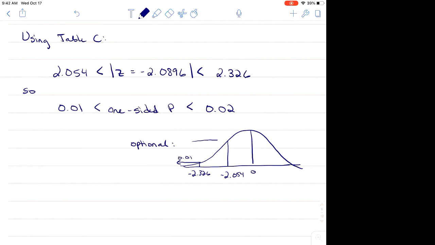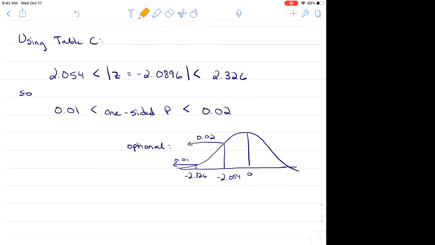The area in the tail for negative 2.054 is 0.02. And we have our little guy somewhere in here, negative 2.0896.